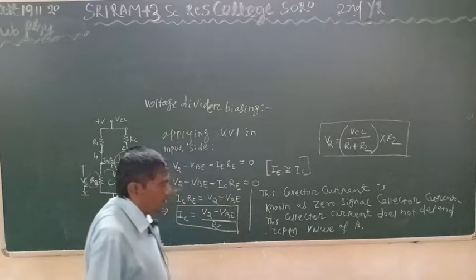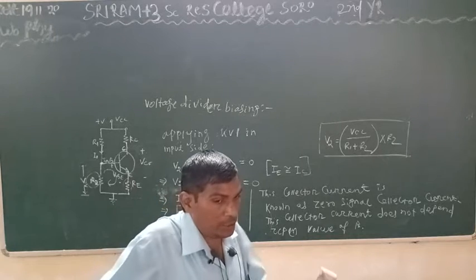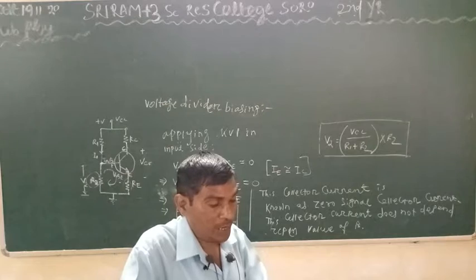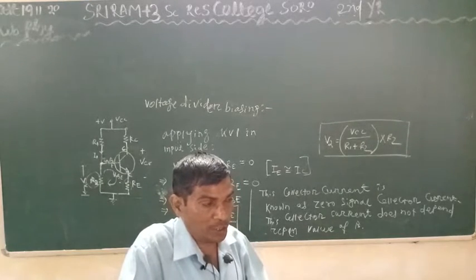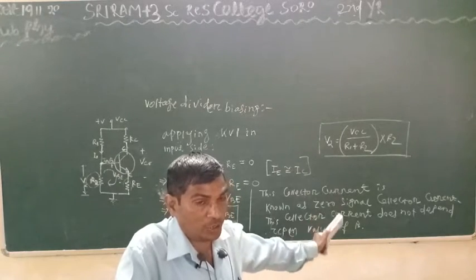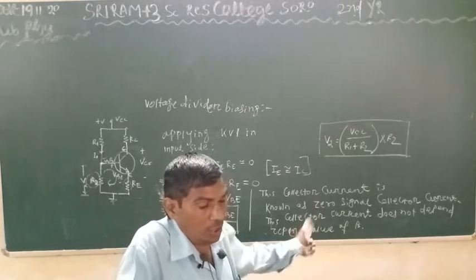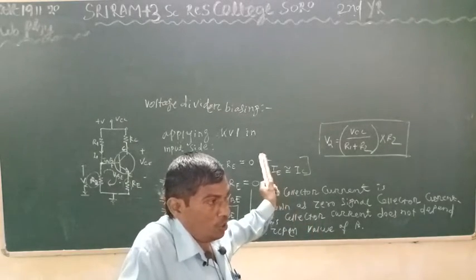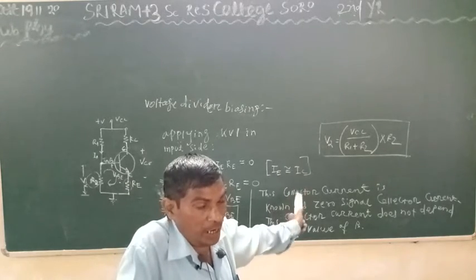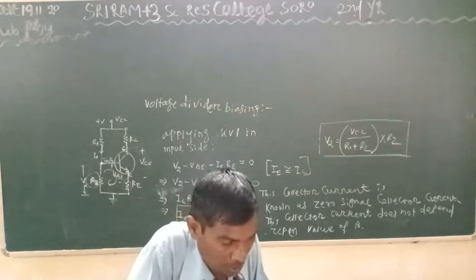Now beta is the current amplification factor. In your previous class we also discussed what is beta, what is gamma, what is alpha. Now beta is the amplification factor, and this is known as a parameter of a transistor. But this IC current does not depend upon beta. So the collector current does not depend upon beta, so this amplifier circuit is also a good stabilization circuit.